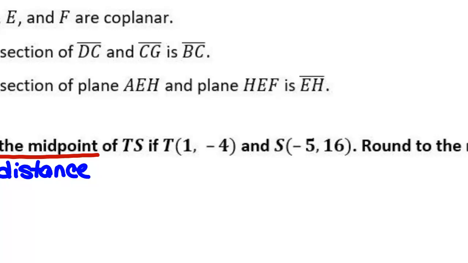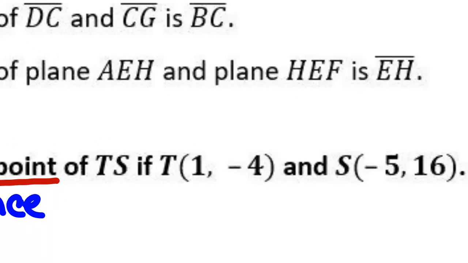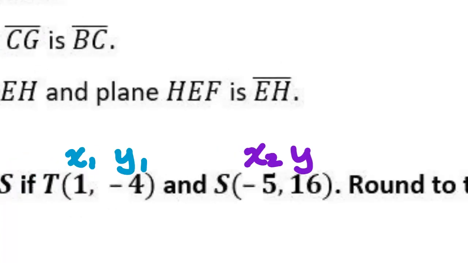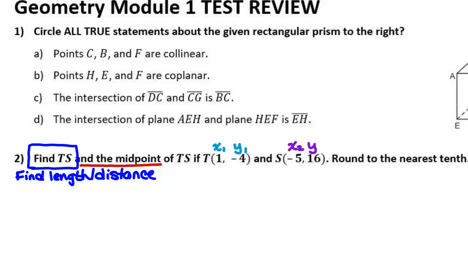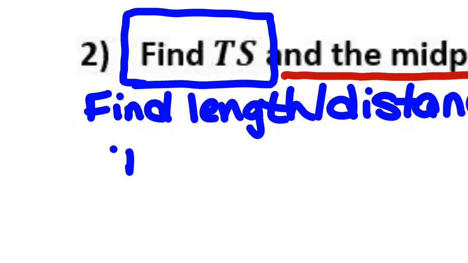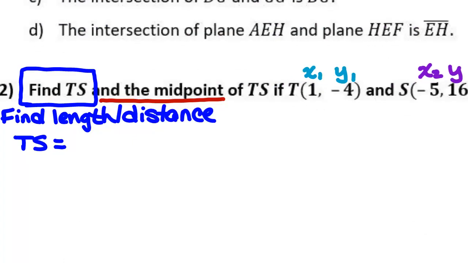TS. And then they give me the ordered pairs for T and S. So I'm going to let T be my X1, Y1, and I'm going to let S be my X2, Y2. So let's find the length or the distance first. So I would have TS equals, to do length or distance, this is where you need the big, long square root equation.